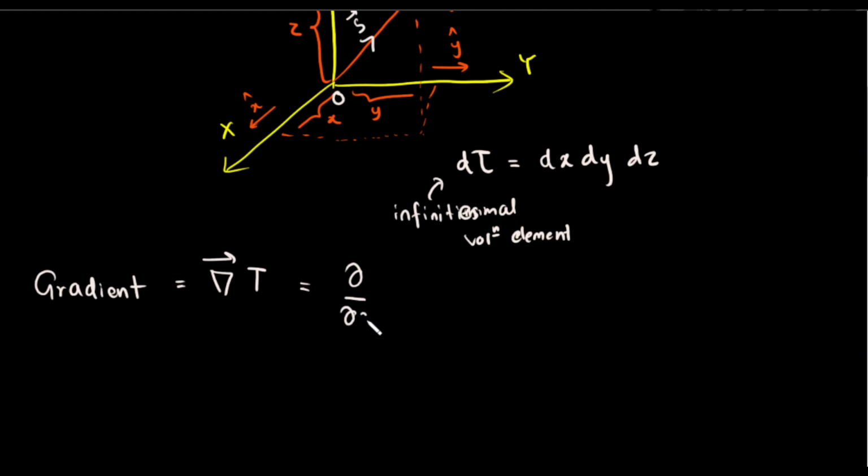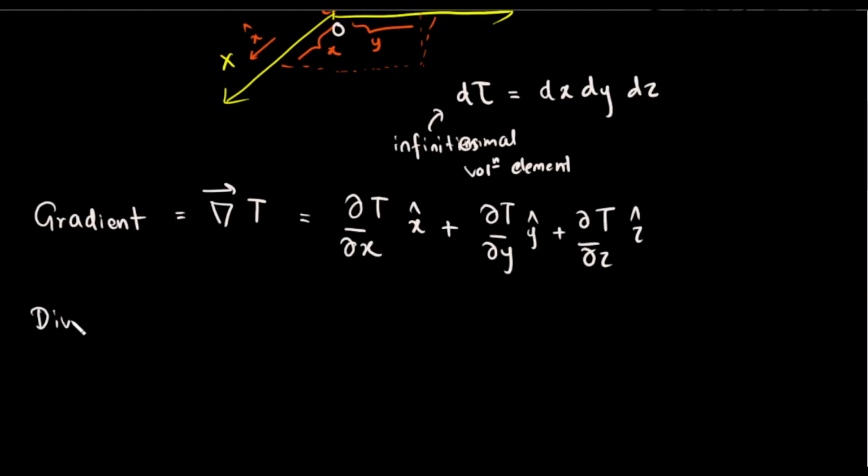So we have this equation for this coordinate system: dT over dx x hat plus dT over dy y hat plus dT over dz z hat. This is just for the Cartesian coordinate system. We define this gradient for the Cartesian coordinate system, but when it comes to the spherical polar and cylindrical polar coordinates, it's going to be a different one. These things were seen in the previous video, so I'm not going to talk about them further.